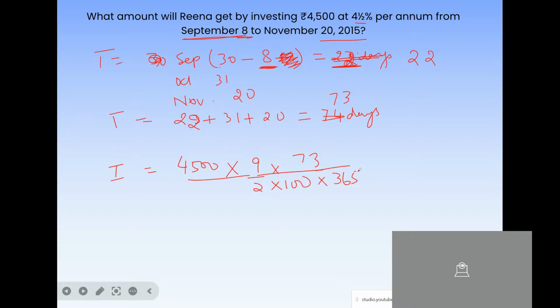Now you know that 365 has a factor 73, so 73 ones, and 5s are here. Two zeros and two zeros cancelled, and 5 9s here, so it is 81 over 2. You can simplify this. 40.5 rupees is the answer.